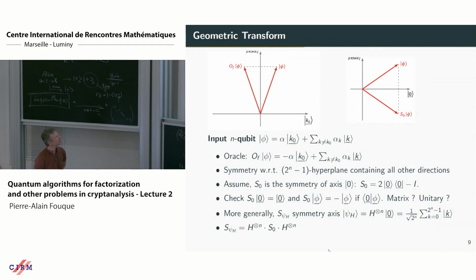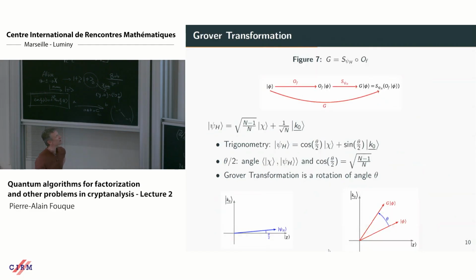Okay, so the second thing is that the Grover operator is the composition of these two functions. So this is a symmetry, this is another symmetry, and we compose two axial symmetries.